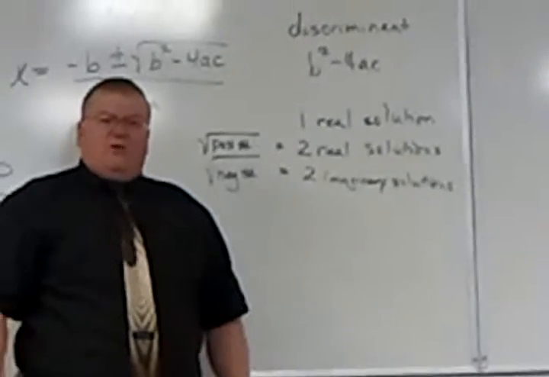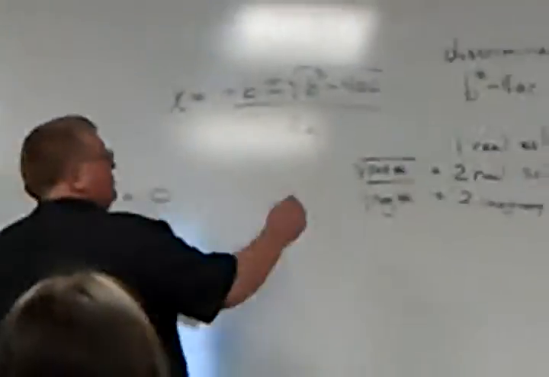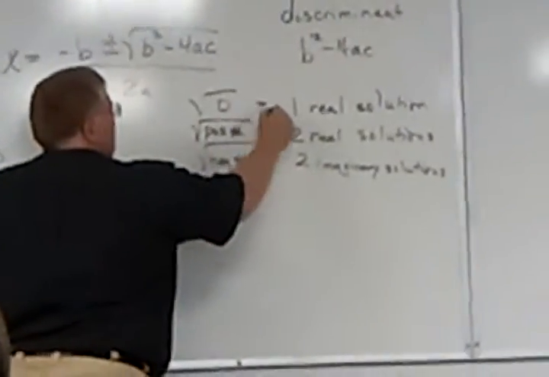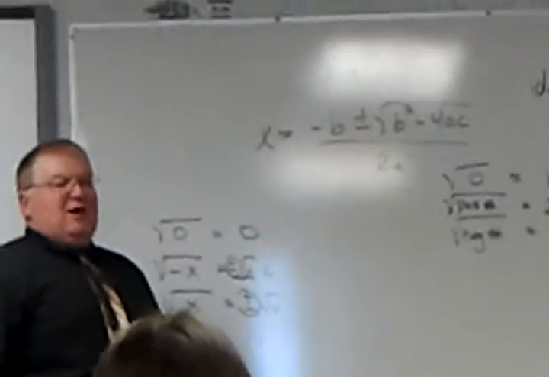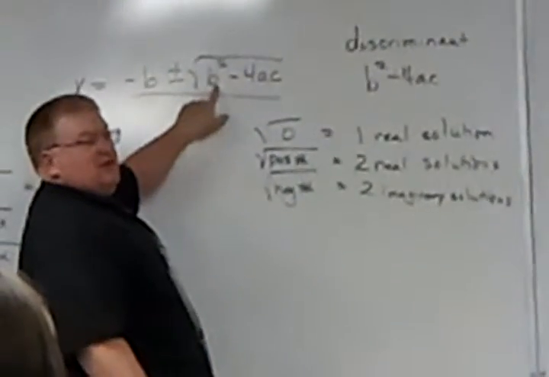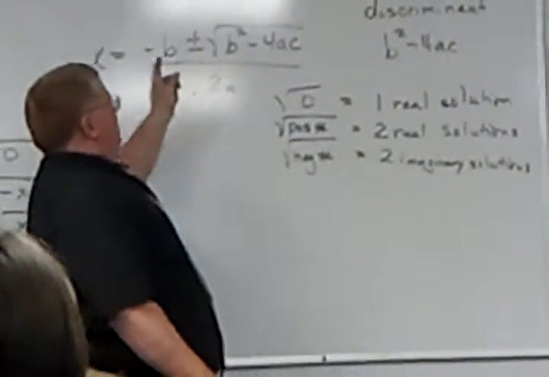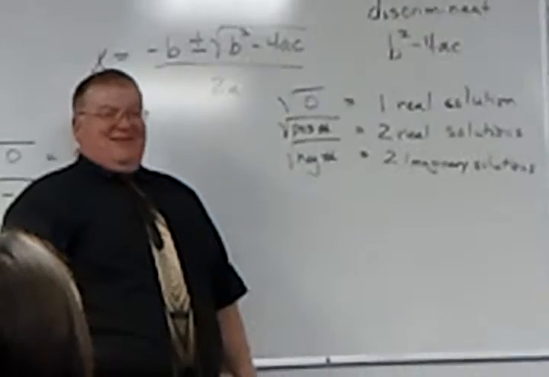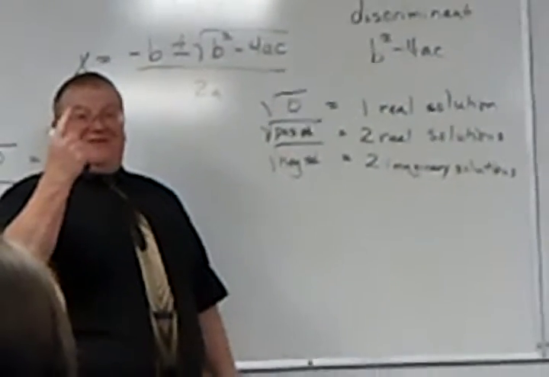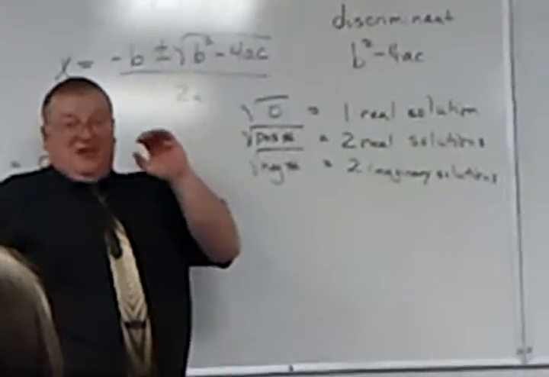So what is one real solution? When it's the square root of 0. That's the one that kind of throws people, but it makes sense because if this is 0, then my answer is b over 2a, one answer: b over 2a plus or minus 0.